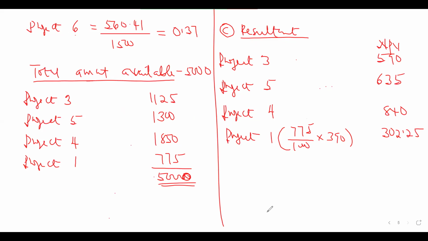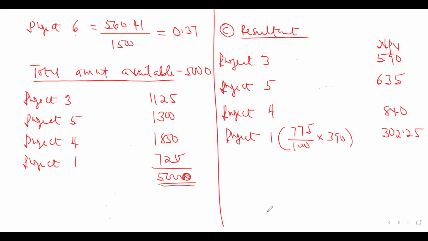Senior Linus says it's 725, not 775. 1125 plus 1300 plus 1850 minus 5000 is 725.